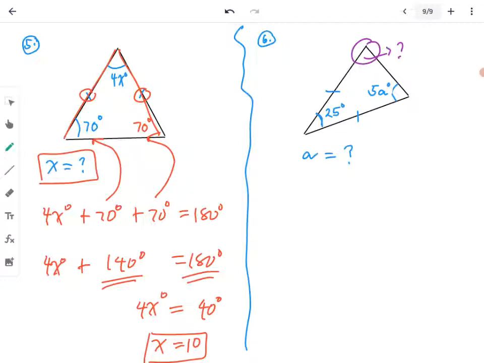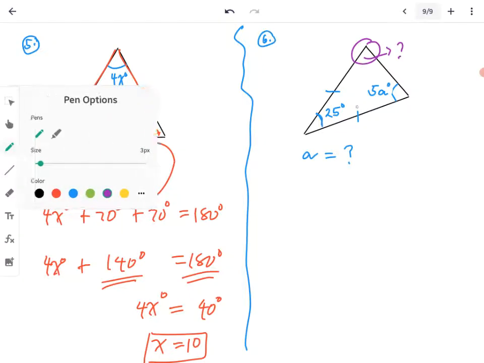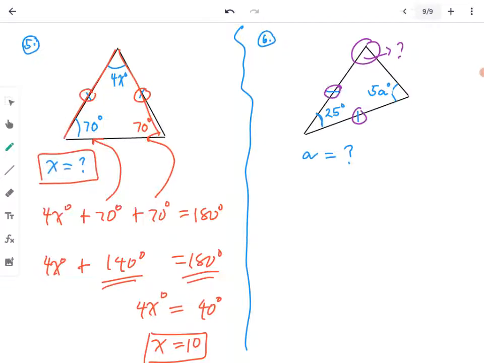But as we learned a while ago, the markings show equality, meaning this side is equal to this side. That means their opposite angles are also equal. Therefore, this is opposite to that, 5a.